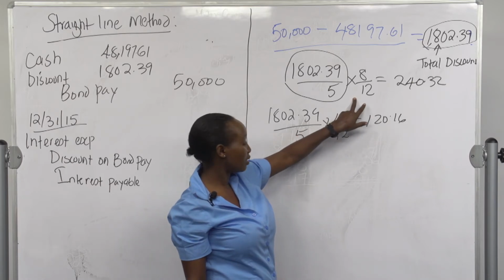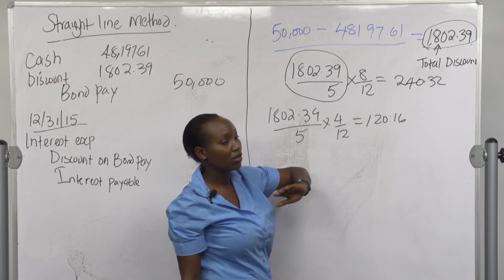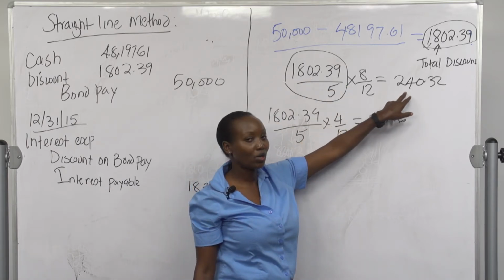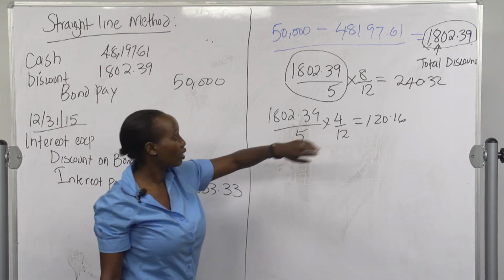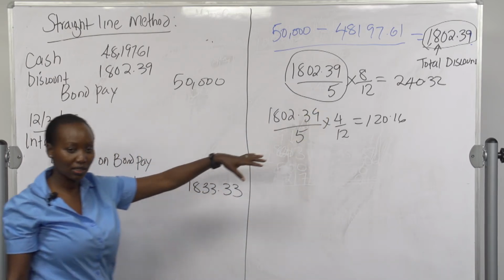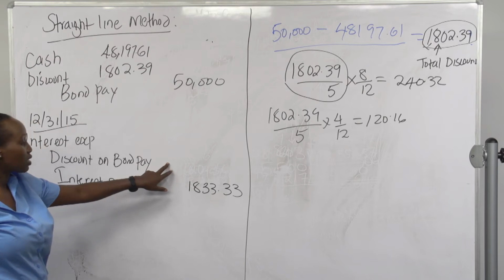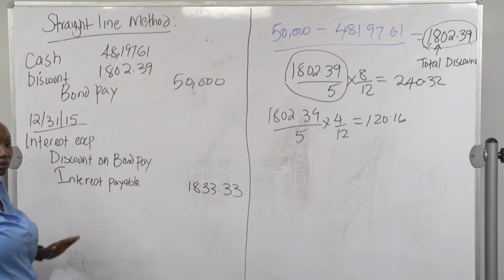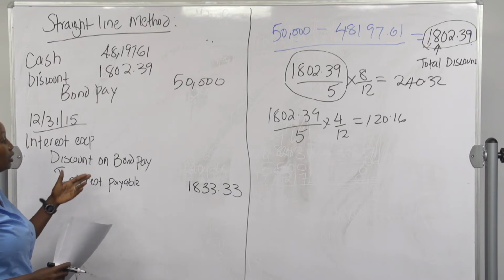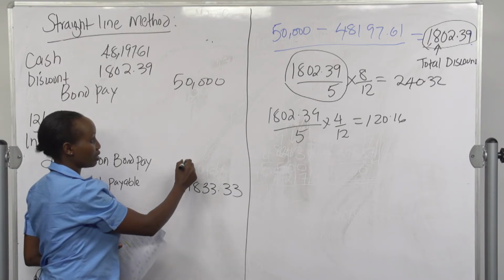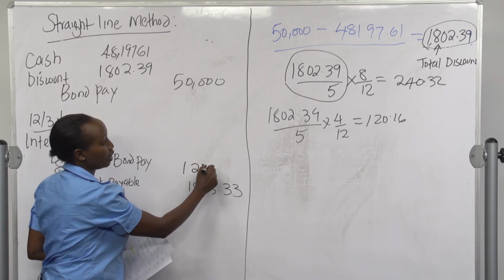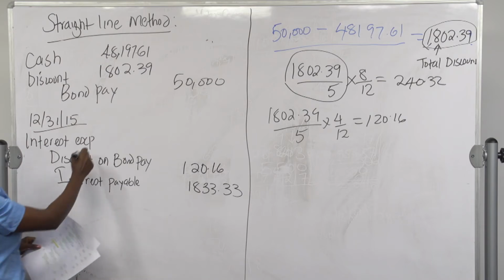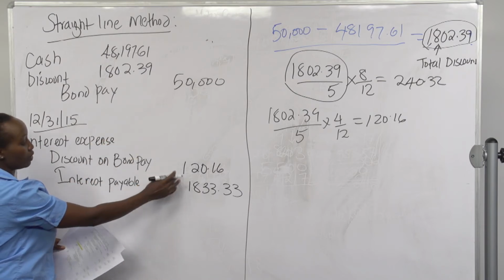For 8 months, January through August 31st, we do the same, multiply by 8 out of 12, so we have $240.32. So the discount for this period, the 4 months from September 1st to the end of December, is $120.16.